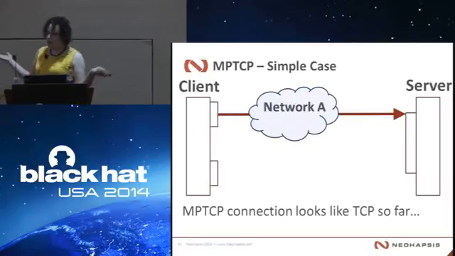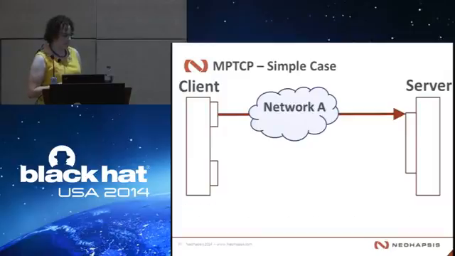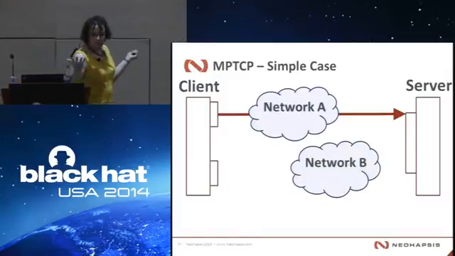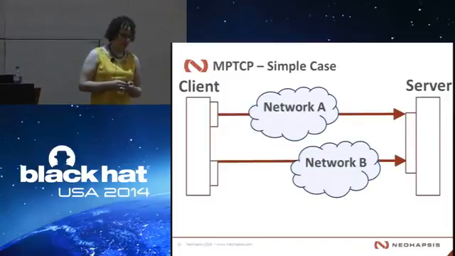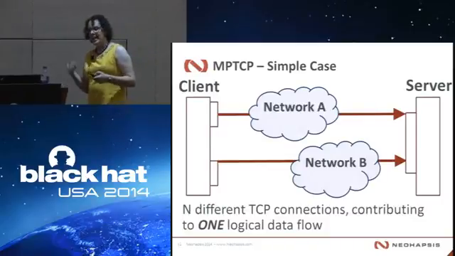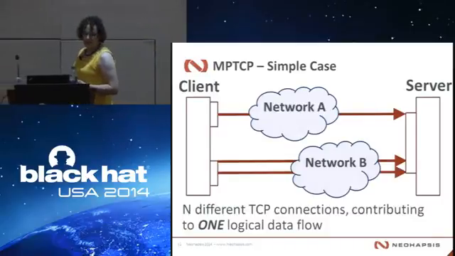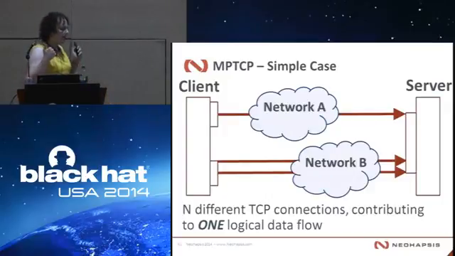So, if you're doing one connection, even with multipath TCP, it looks the same. One network, one connection. Okay. But if there's another network, 2 connections, same data flow. Or rather, n different connections, possibly across the same path, but still one logical data flow.